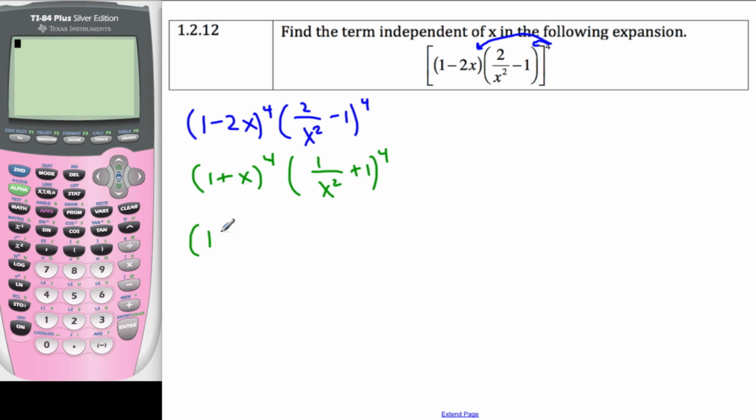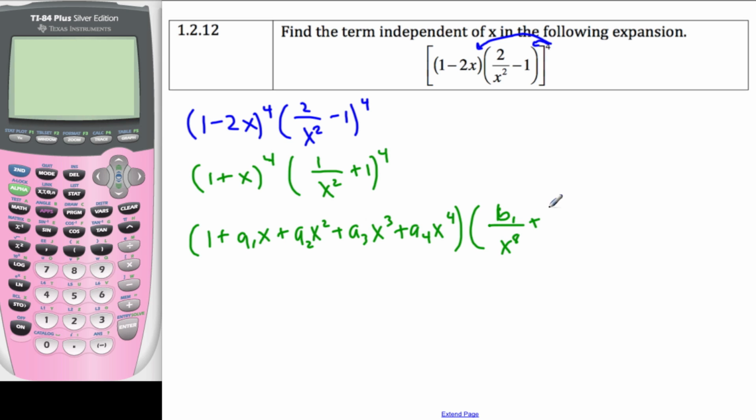So this expansion will be 1 plus a1x plus a2x squared plus a3x cubed plus a4x to the fourth. And this expansion, the second one, will get all 4 powers, so that will be, let's call it, b1 over x to the 8 plus b2 over x to the sixth, and this one will get 3 of them, and this will get 1 of them.